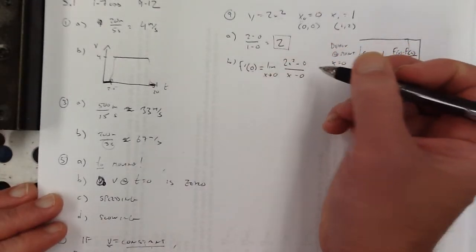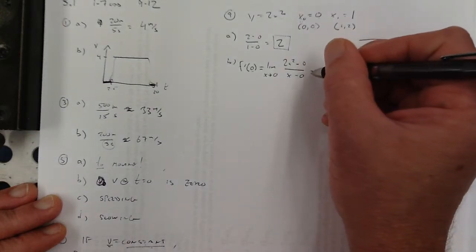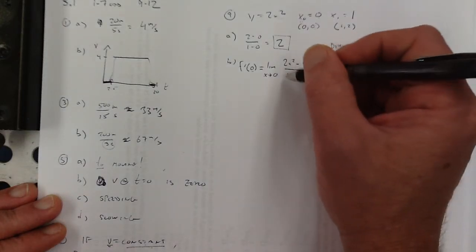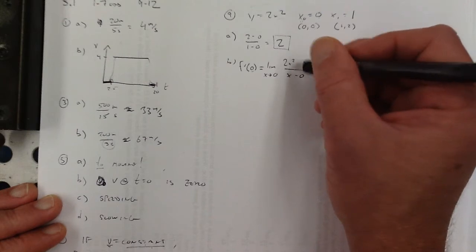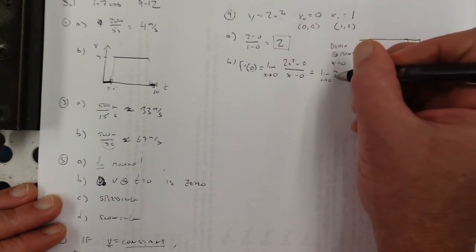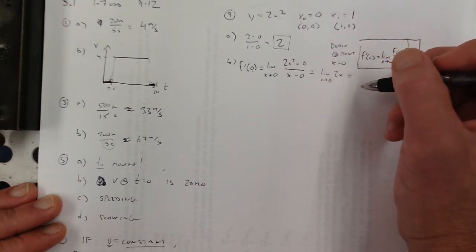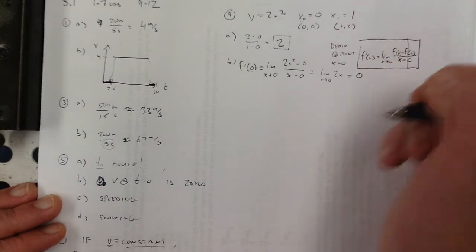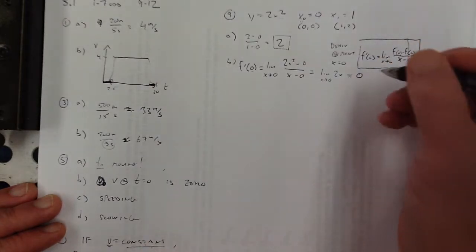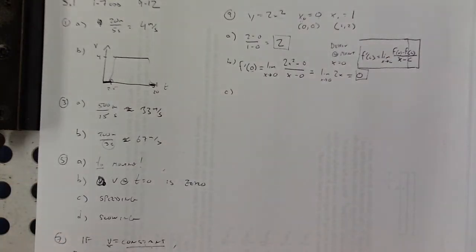So I just factor out some stuff, and x cancels out. It's the limit as x approaches 0 of 2x, and of course you can just plug the 0 in there. That's not a problem. It's just 0. Okay, that's what we want to do in B.